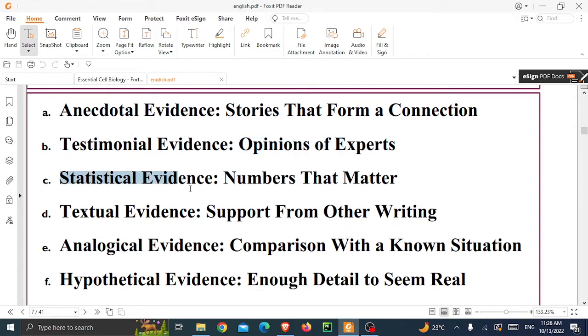We have statistical evidence, and in general it means numbers that matter, like different statistics on what affects people's moods, or what colors people like, and that will be extremely useful to companies, for example, or statistics that show the level of crime in some countries that do this and some countries that don't do this, etc. And let's focus on something: statistics can be easily faked in the middle of a conversation, so be careful, because every type of evidence that I'm talking about here is a double-edged weapon.